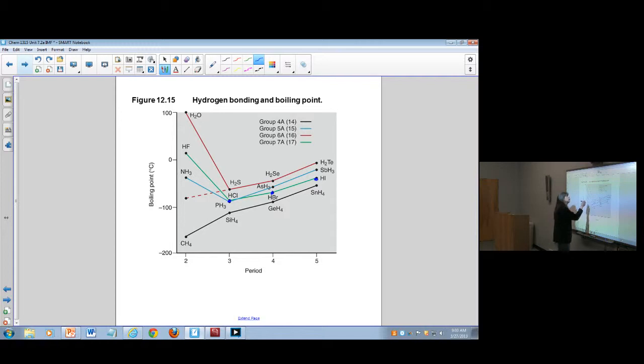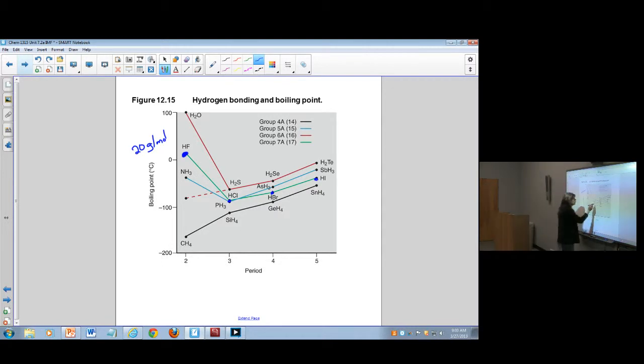Hydrogen fluoride is very, very small. Its molar mass is only roughly 20 grams per mole. But because the hydrogen is bonded to fluorine, and because of the high electronegativity of fluorine, it has a very high boiling point.